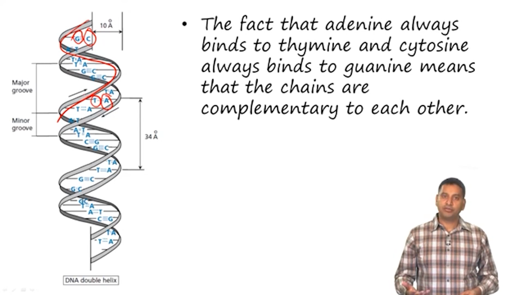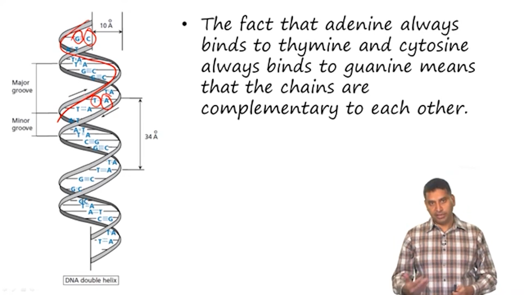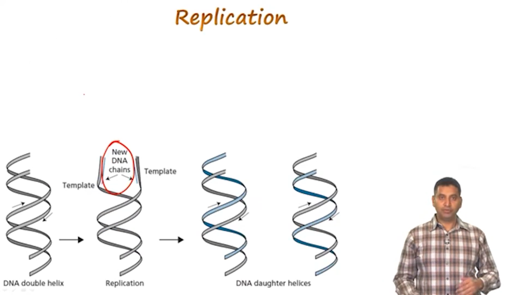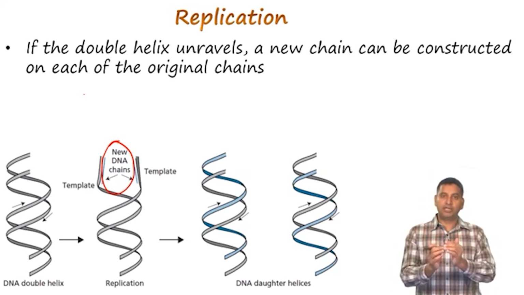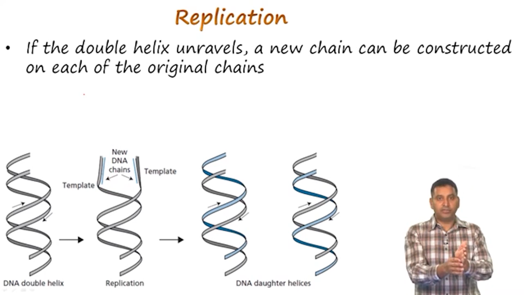Okay. This is very useful because you have two strands which are complementary to each other, and when the cell replicates or when the cell divides, the first step is that the double helix unravels, and now when the new chain is constructed, the new chain uses the original or the parent chain as the template. Okay.